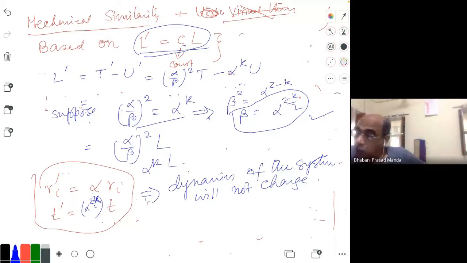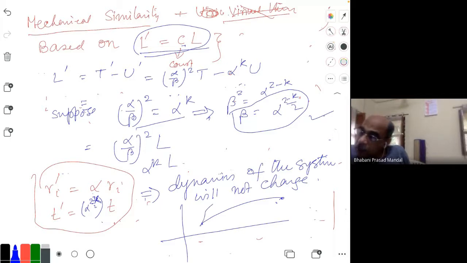So what does it mean? The meaning is that in the configuration space I have a path. Now I multiply every point and time, so I get an extended path.